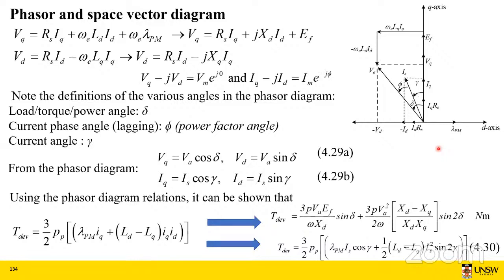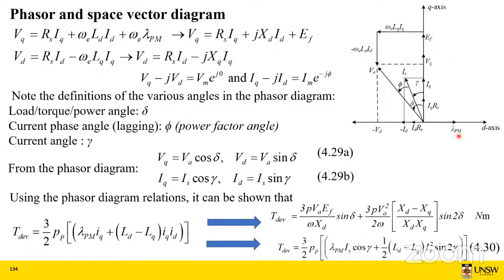So we say that the flux linkage lambda PM is aligned with the d-axis, and the back EMF that it produces is 90 degrees to it, so it is along the q-axis. And of course, yes, in a PM machine, lambda PM is constant. Theoretically, it should not change. We have a constant value.